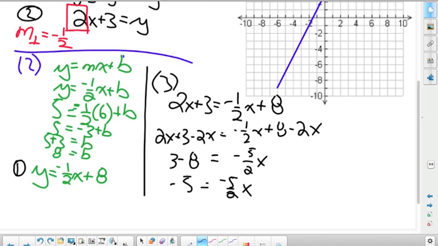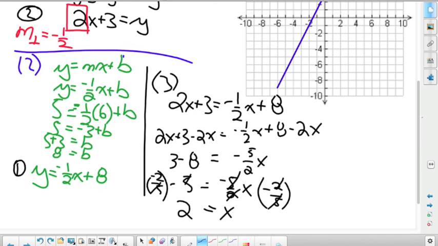In order to isolate x, the trick I use is to multiply by the reciprocal. So you multiply by negative 2 over 5 on both sides. By doing that, all those cancel out. I just get x over here, and here I'm left with x equals 2, because negative 2 times negative 1 gives me positive 2. So x is equal to 2.